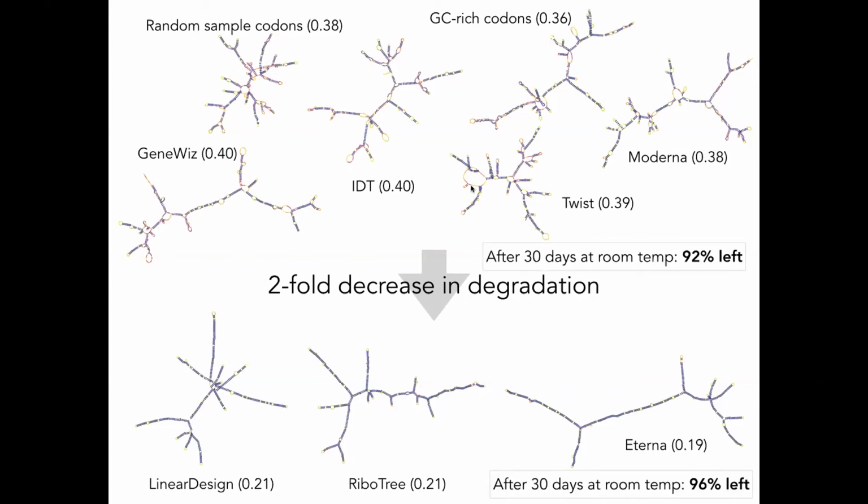And if we look at what this might mean for how much of these molecules are left, for this length of RNA, after 30 days at room temperature, the conventional methods would have 92% left. After a 2-fold decrease in the degradation, that same number goes to 96% left. And you might say, okay, that's not a big difference. So what is the significance of taking all the time to do this design?